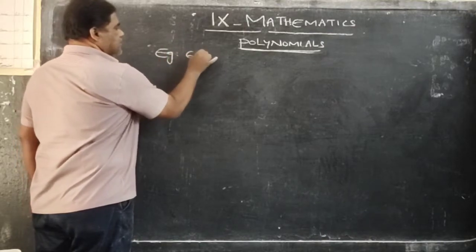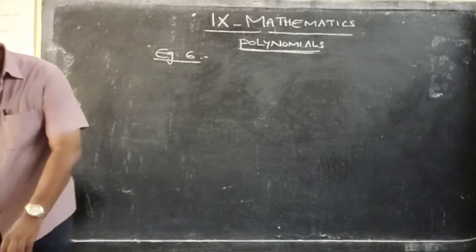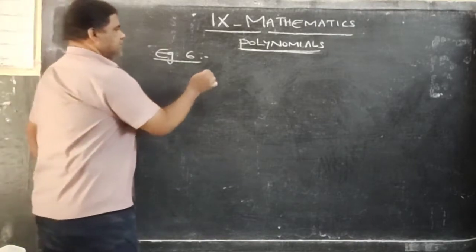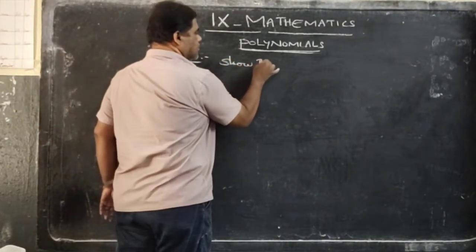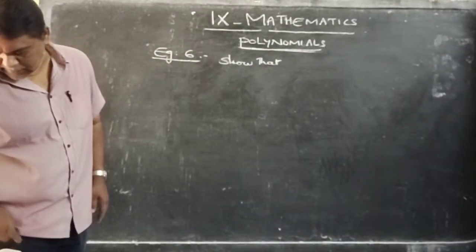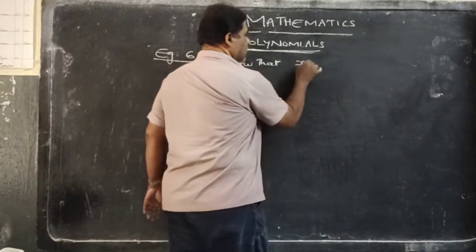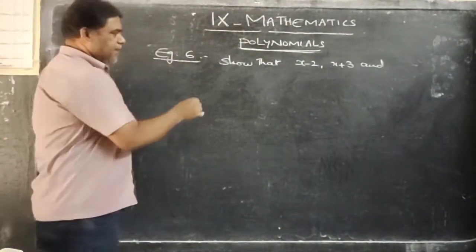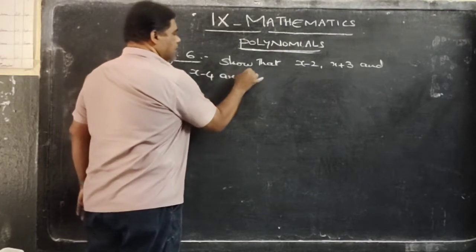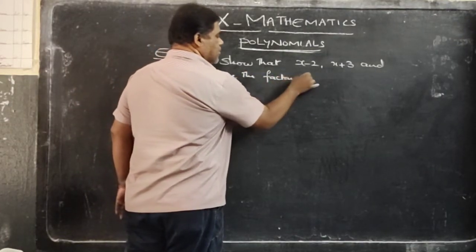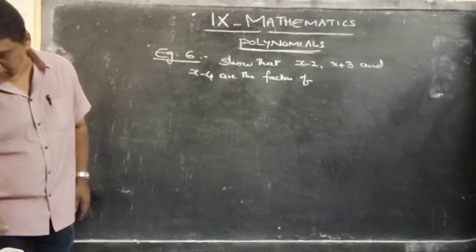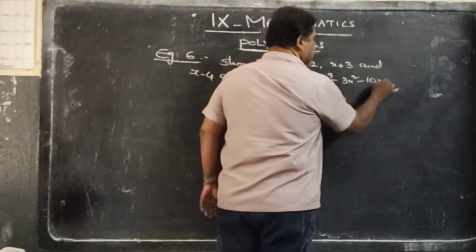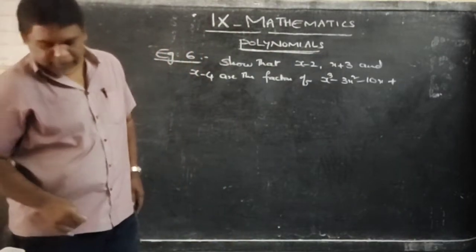Now let us do one problem. Show that x minus 2, x plus 3 and x minus 4 are the factors of x cube minus 3x square minus 10x plus 24.